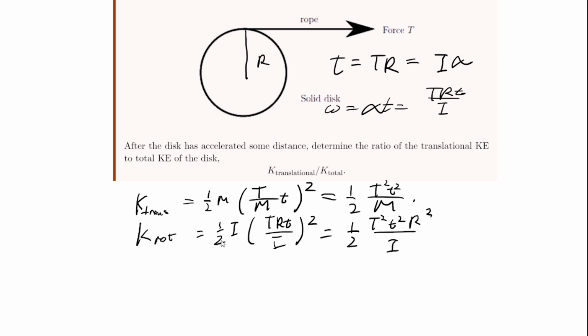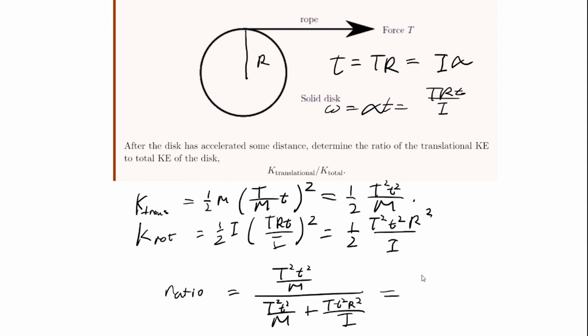And so the ratio to the total kinetic energy, you can drop the factors of 1/2, of course, is T squared little t squared over m over T squared little t squared over m plus T squared little t squared r squared over I. And if we simplify, that's equal to I over I plus mr squared. And so that's our answer.